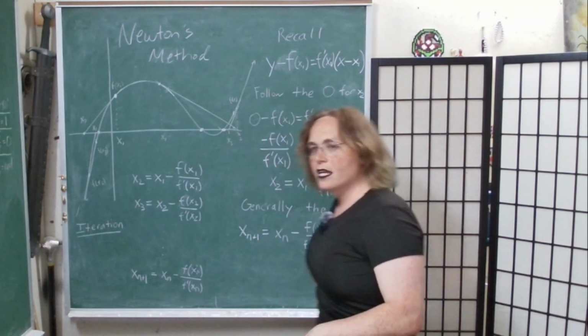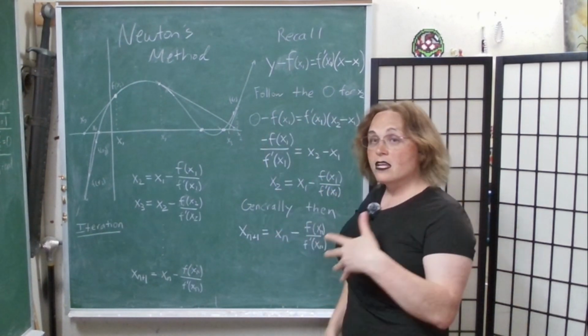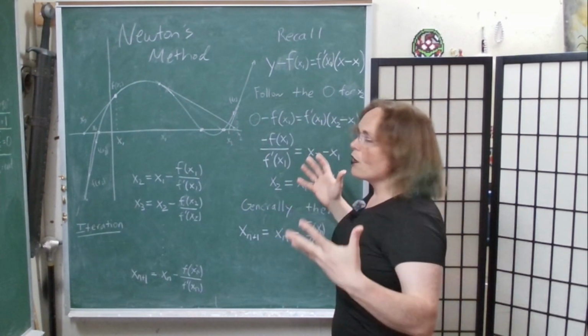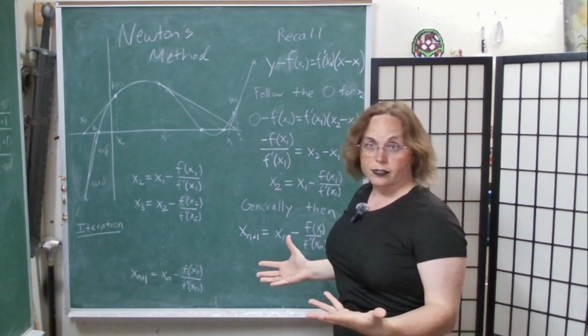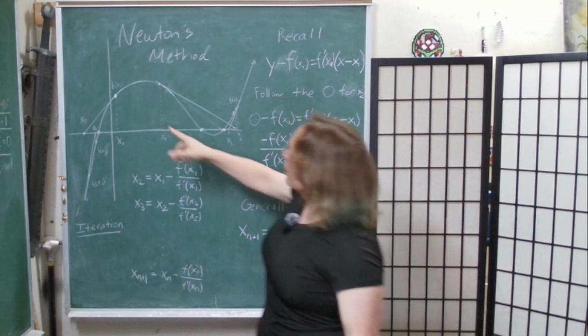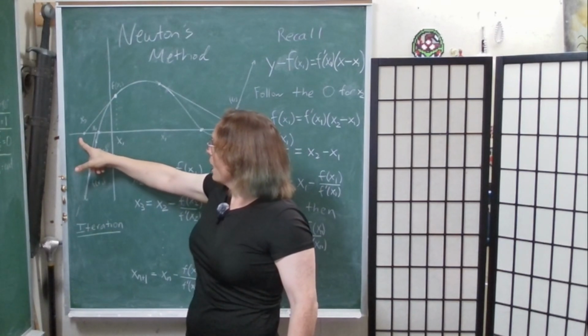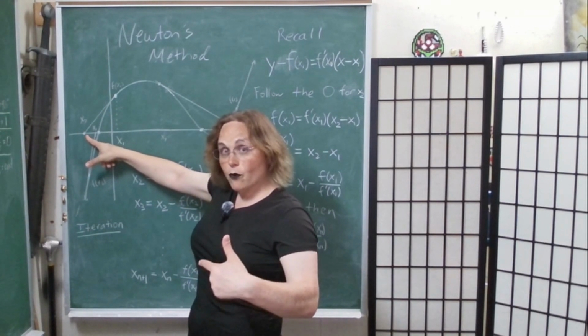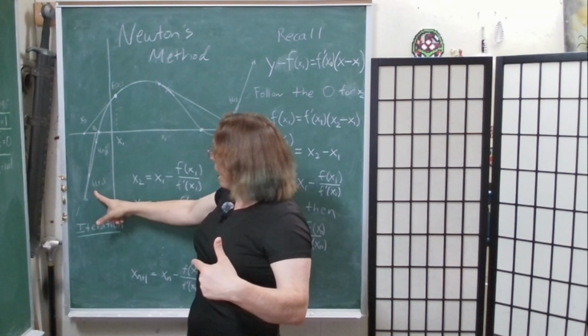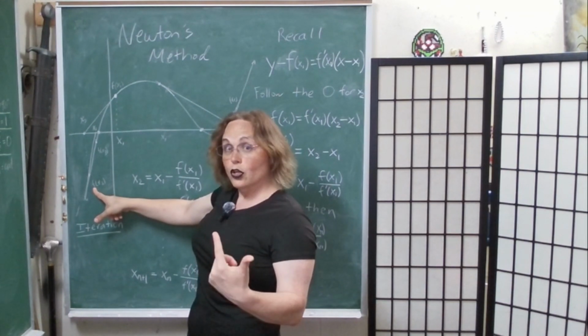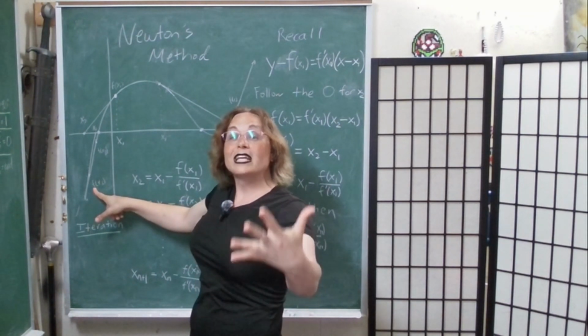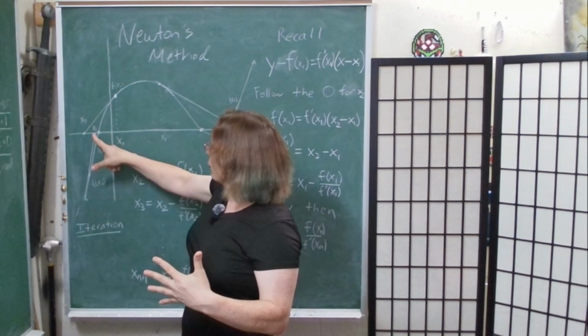So the idea here is that we find a value somewhere that's a good place to start. And we take that approximation and we walk backward on the line until we hit the x-axis. And we use that zero as the new x to look for a new, hopefully closer value.